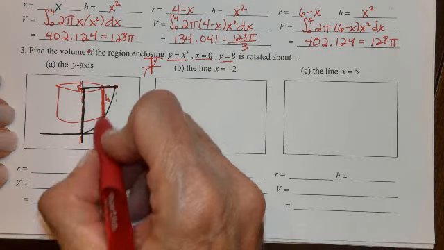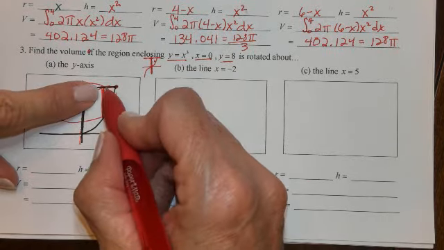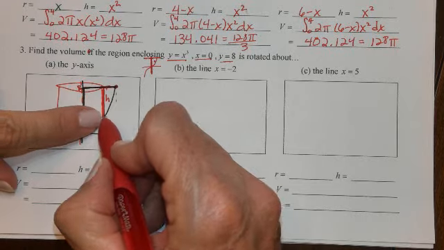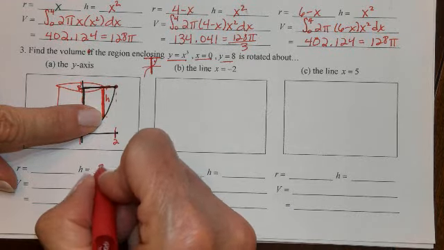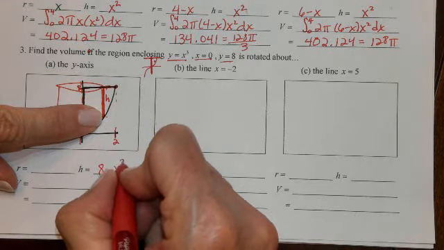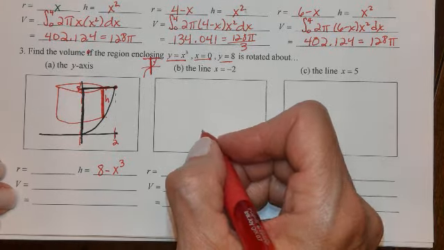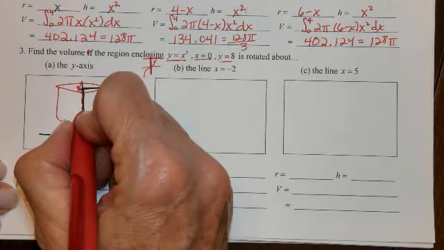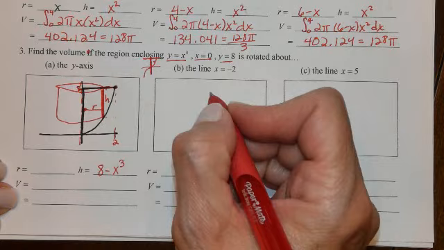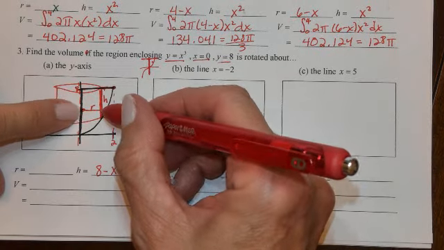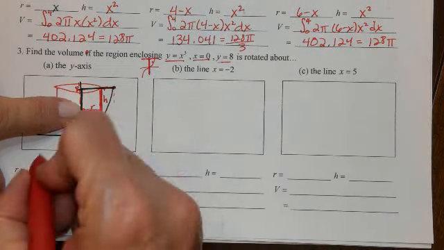So the height is going to be 8 minus the curve, right? Top minus bottom, so 8 minus x cubed. What is the radius here? Well, here's the radius, which in this case is just x.